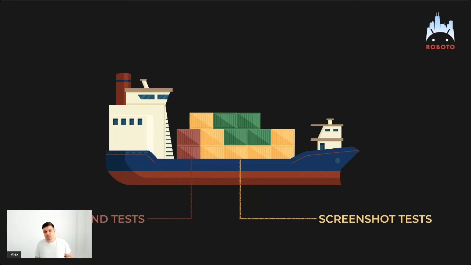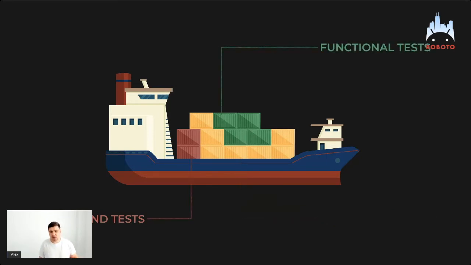The main problem of this approach is that it will be really complicated to verify some cases, like some error cases, because backend returns you success for your user. You can create multiple users, you can do a lot of magic, but still it will be slow because you always start your app from the very beginning, not from the required screen. So it's possible with some limitations, but it wouldn't be efficient.